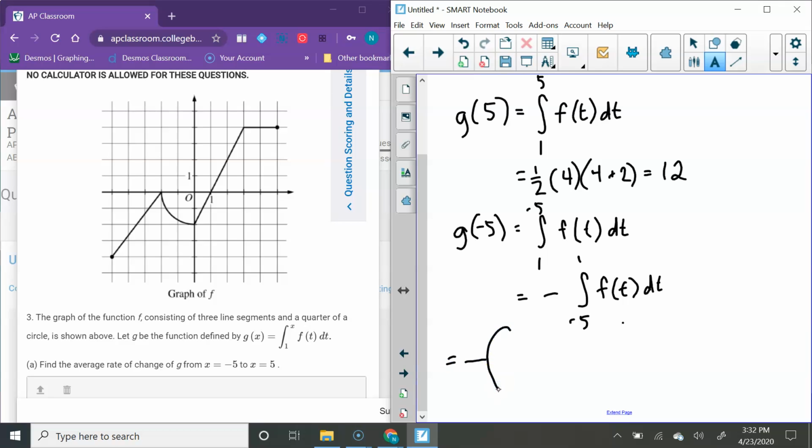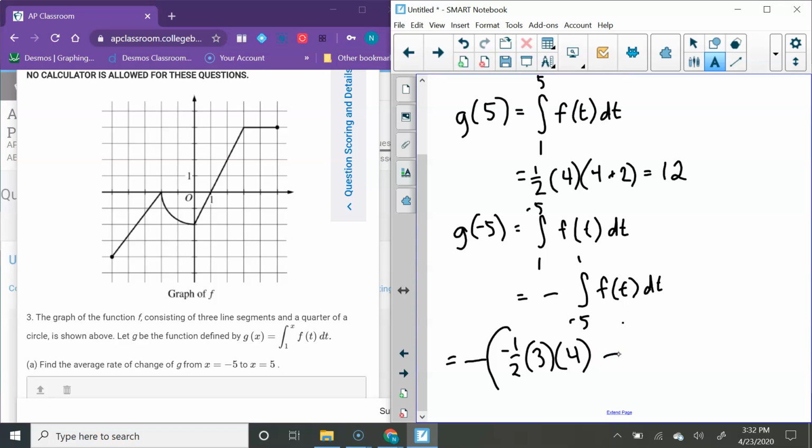Now notice, from negative 5 to positive 1, everything's beneath the x-axis. So this means you're going to have negative values for those integrals. So from negative 5 to negative 2, you've got a triangle there, so it's going to be negative 1/2 times 3 times 4. You've got a quarter of a circle here.